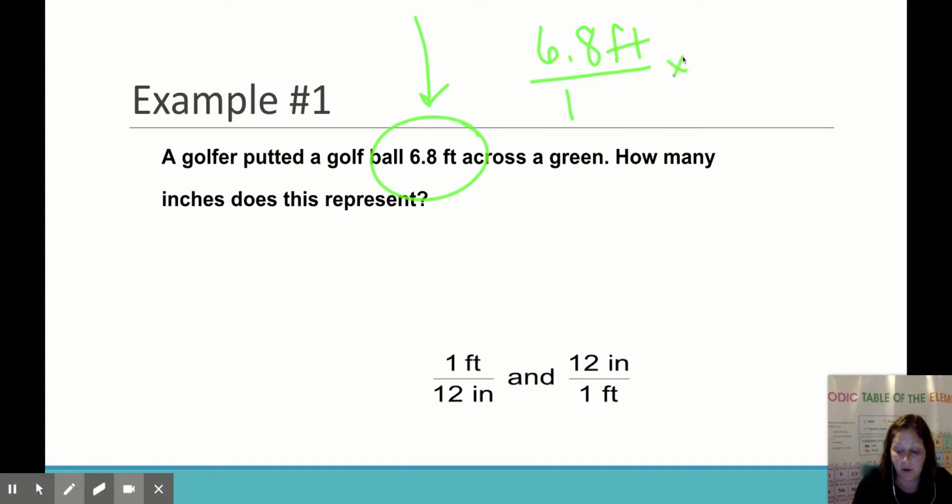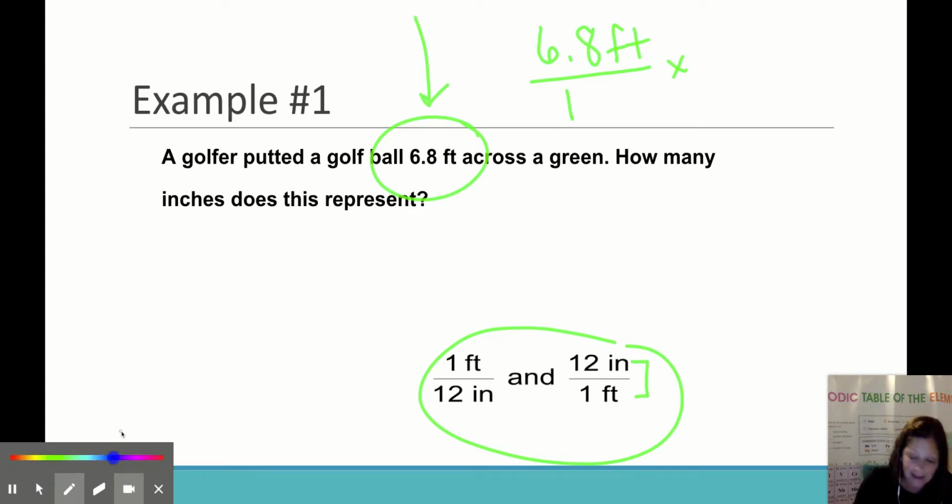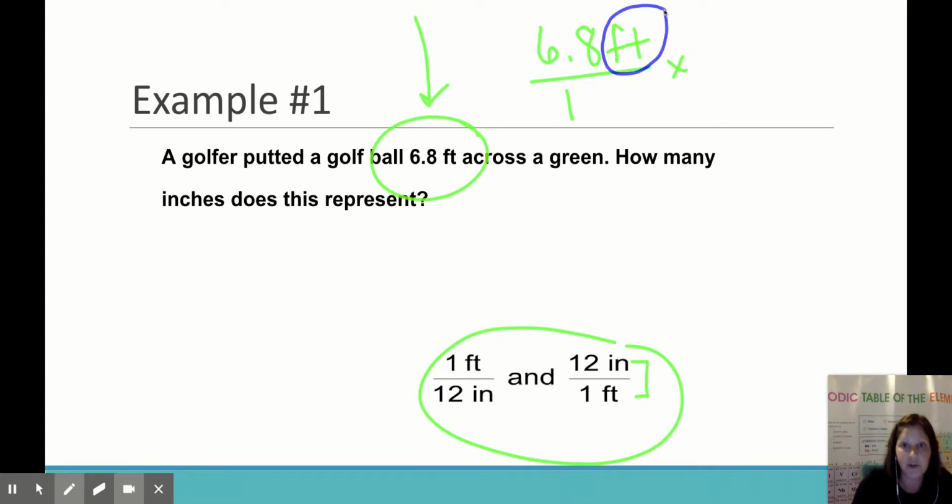Then we are going to multiply by a fraction where the numerator and the denominator are equal to each other in two different units. One of the units has to be the unit we're starting with. The other unit in the fraction has to be the unit we're trying to get to.